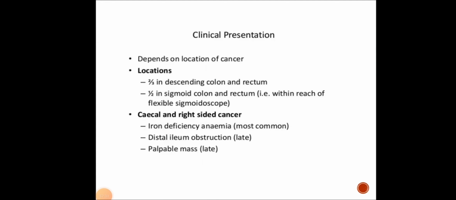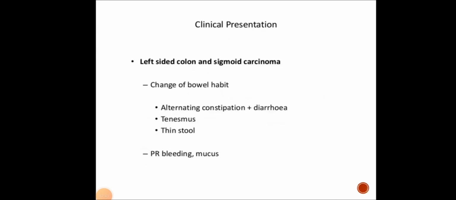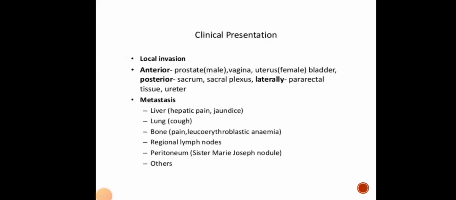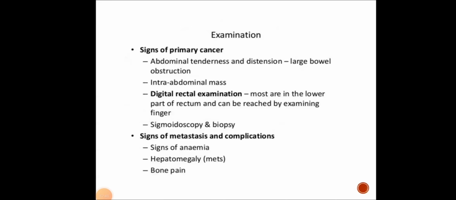Then back pain, ascites, liver secondaries. So these are the main clinical features seen. Based on the metastasis, the different kinds of symptoms will be developing in the patients.